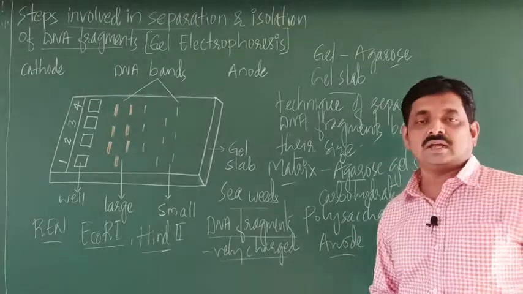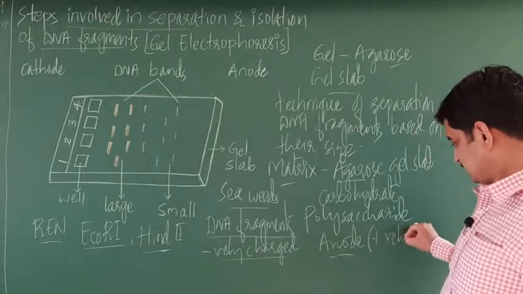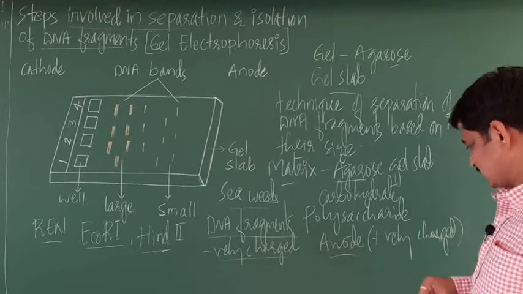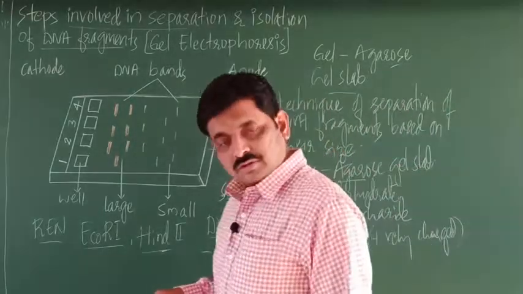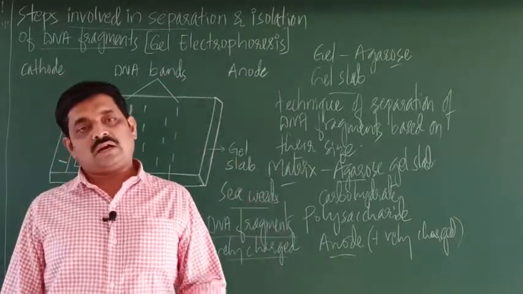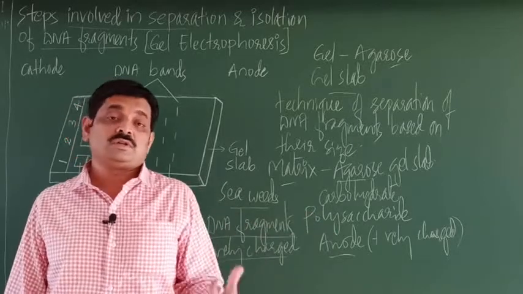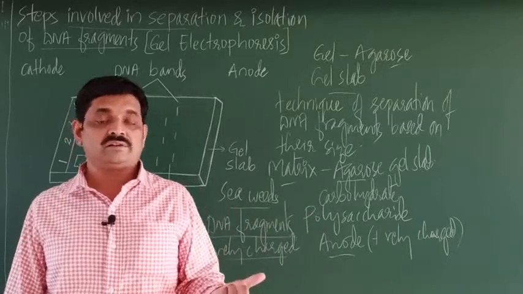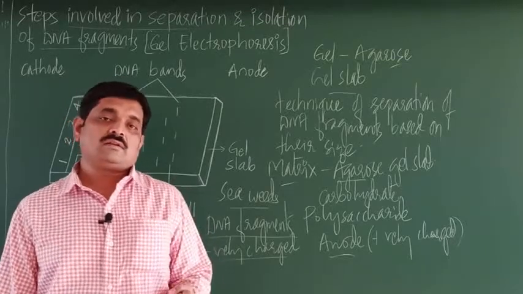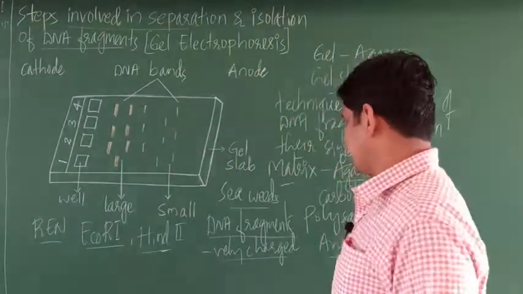So negatively charged DNA fragments are forced to move towards the anode, which is positively charged, under electric field, right? So this agarose gel now produces a sieving effect.